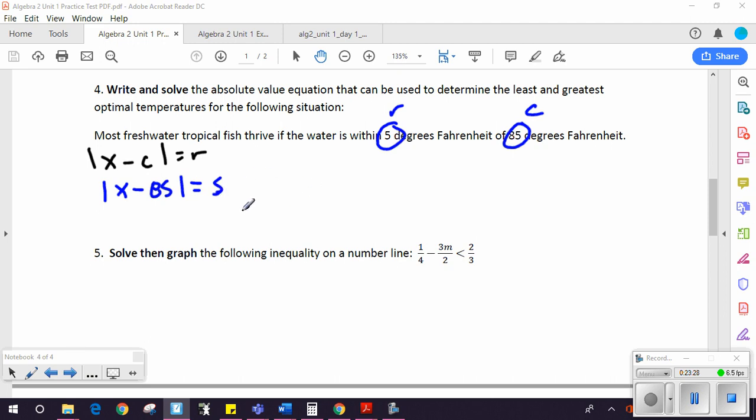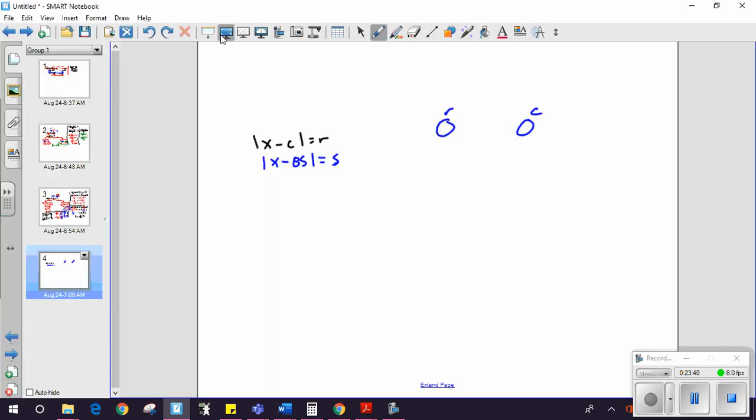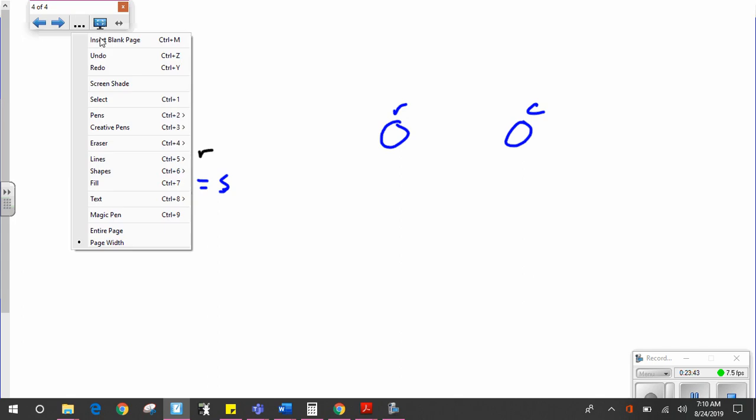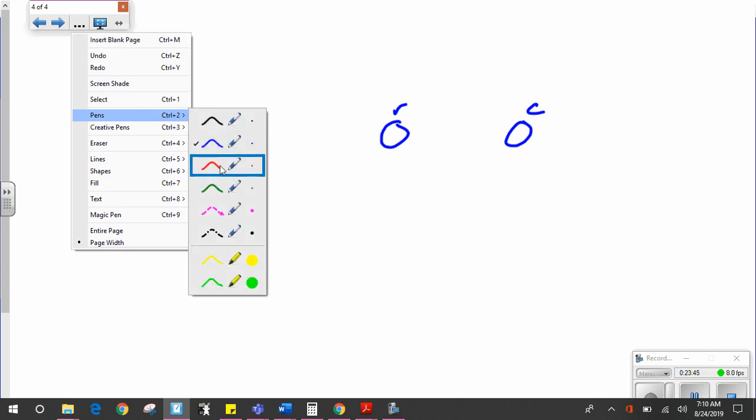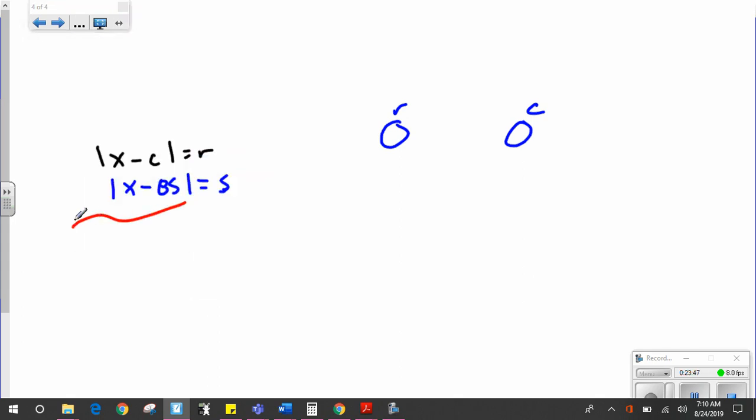Now we're going to solve it so that we can find the least and greatest temperatures, also known as the minimum and maximum temperatures. So again, we have our two tracks. Our positive would be x minus 85 equals 5.